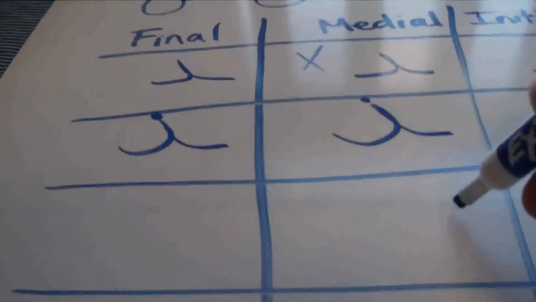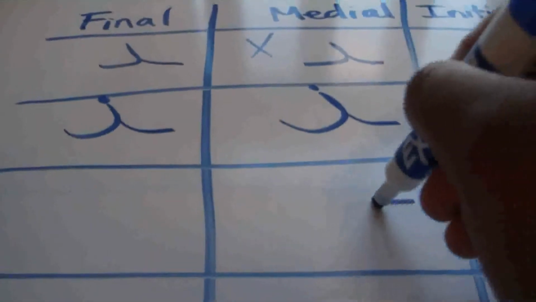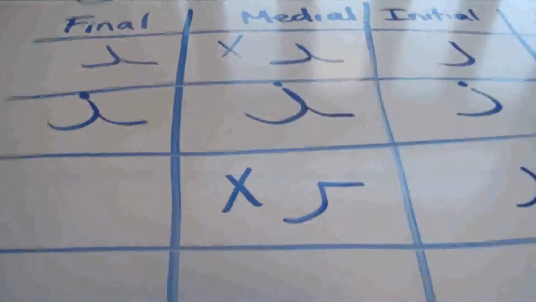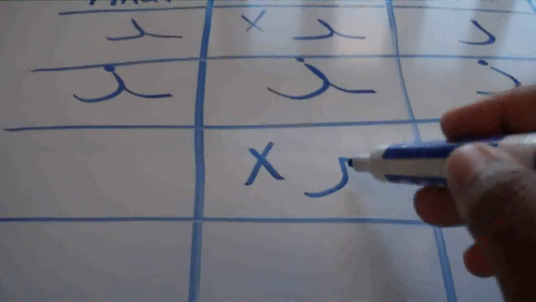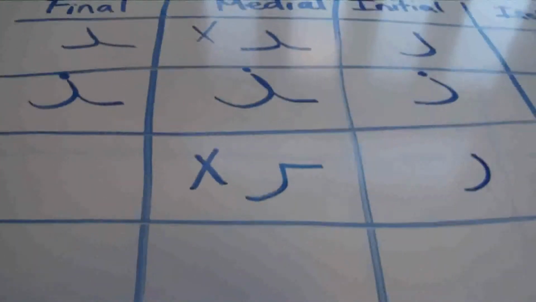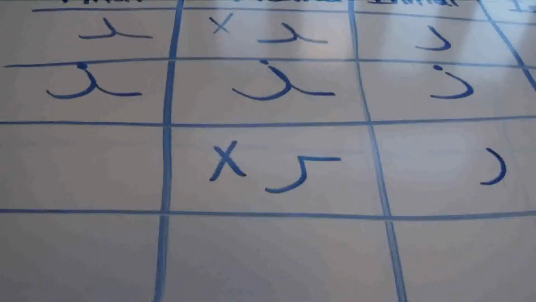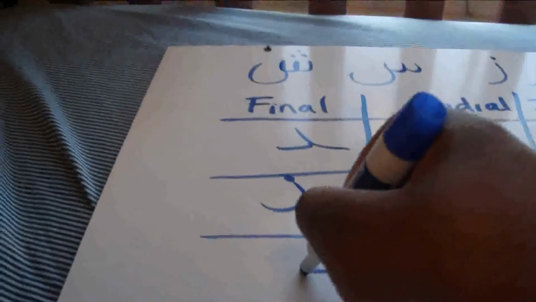In its medial form, it connects to the letter to the right, but not to the left. And this hook here actually falls under the line on the paper. And in its final form, it looks just like the medial.